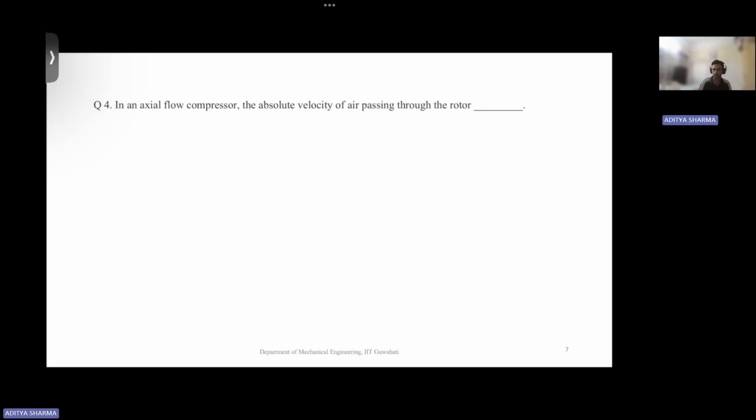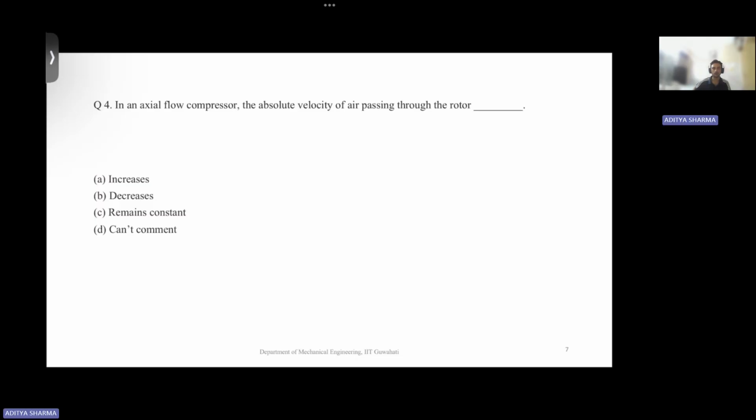Then we have the next question. It says, in an axial flow compressor, what happens to the absolute velocity of air passing through the rotor?